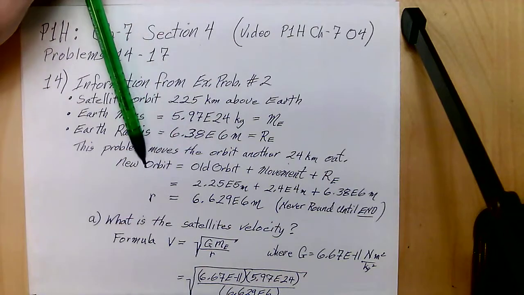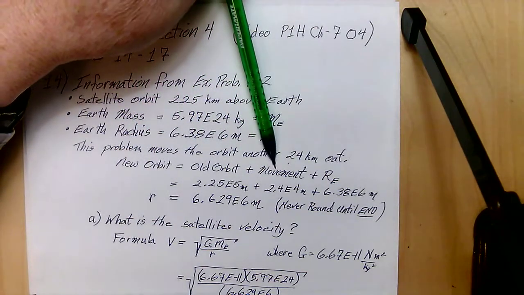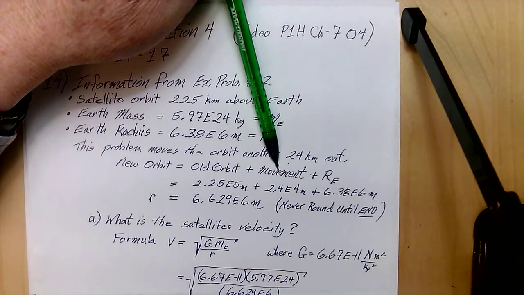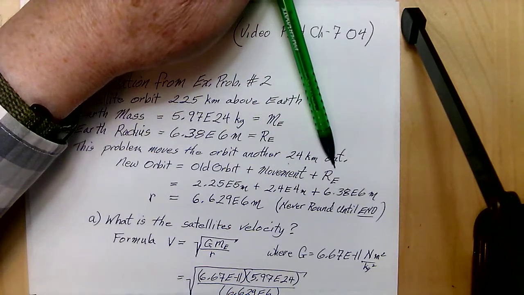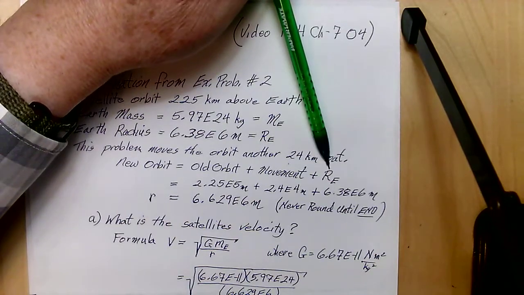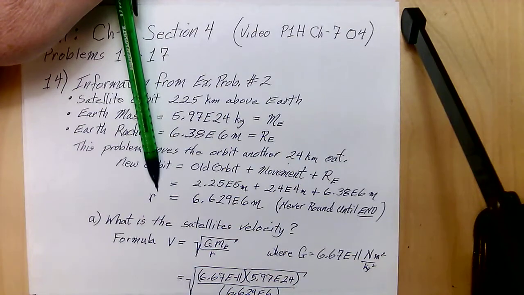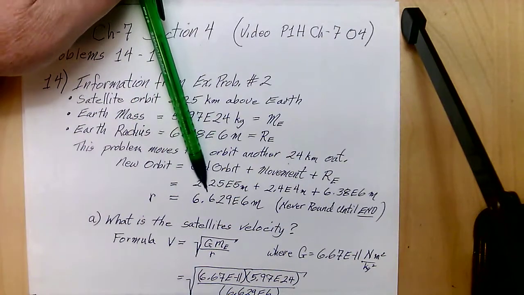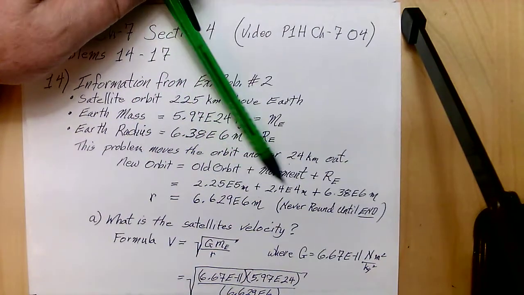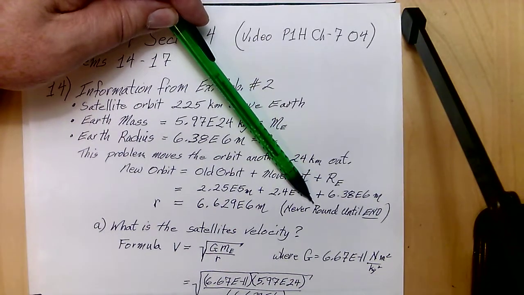So the new orbit is the old orbit plus this new movement, plus the radius of the Earth, because remember, we're measuring from center to center. So our radius then is 6.629 E6 meters, and never round until you get to the end of the problem.